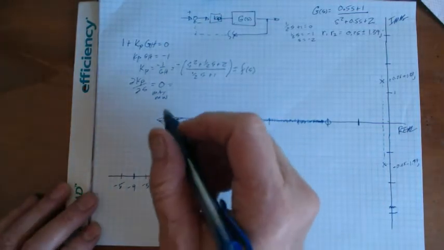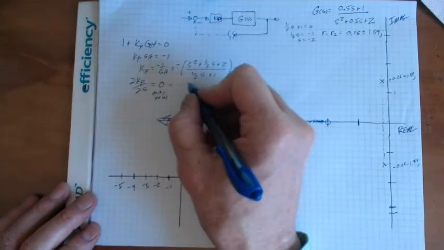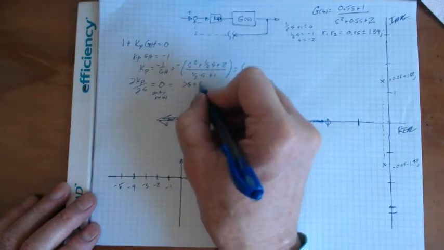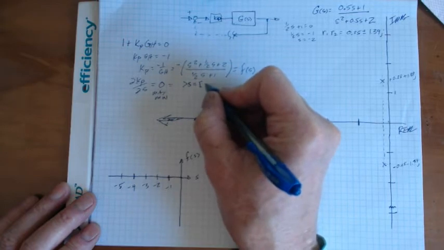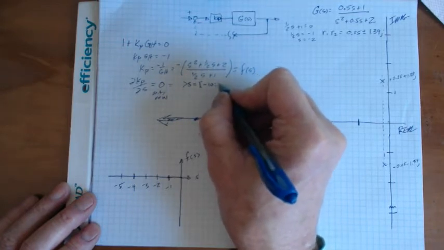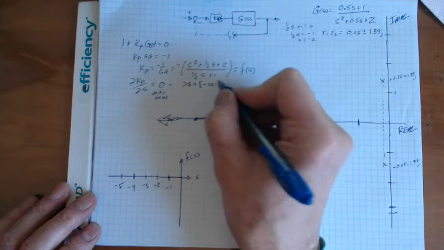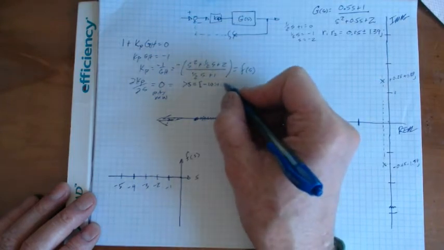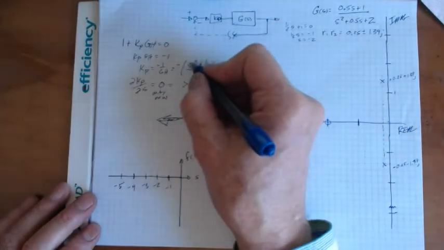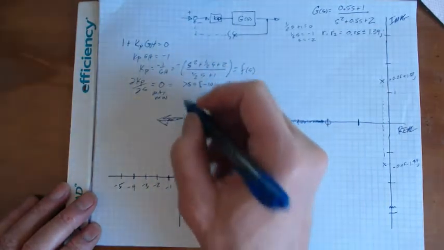Here's the easy way to plug this in: in MATLAB, I want s to be a vector from, let's say, -10 by increments of 1 to 0. That'll set up the s vector. And then you can just plug it in to this equation here.